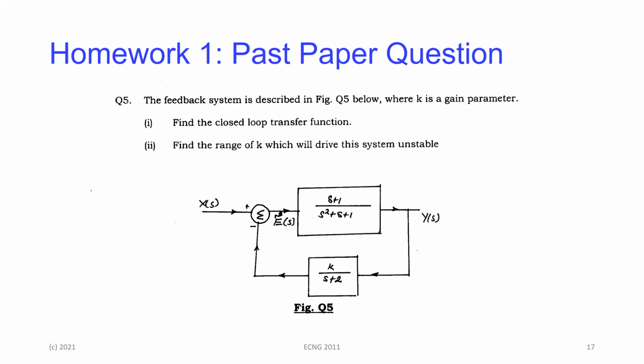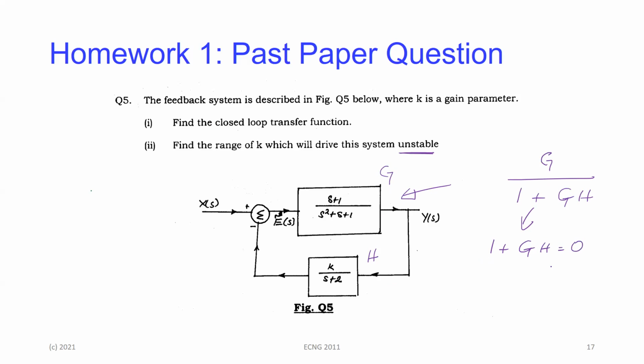What is the range of values of k that will drive this particular system unstable? The first thing you have to do here is, this is G and this is H, so find G over 1 plus GH. This now is your characteristic equation.